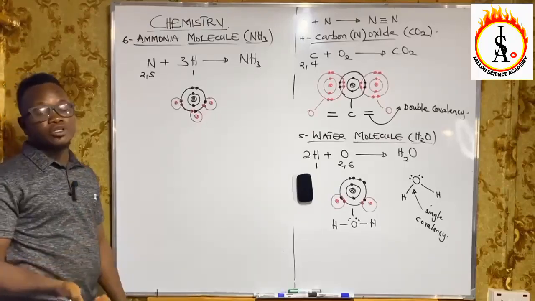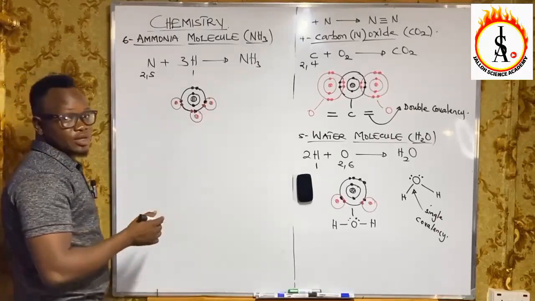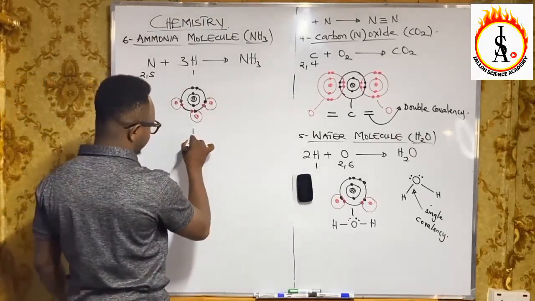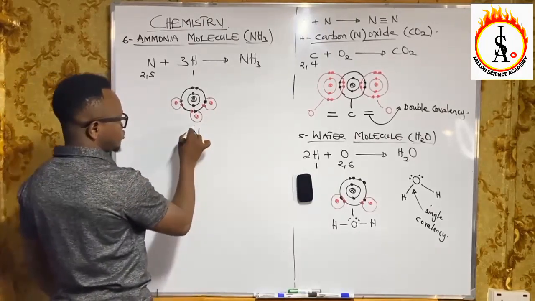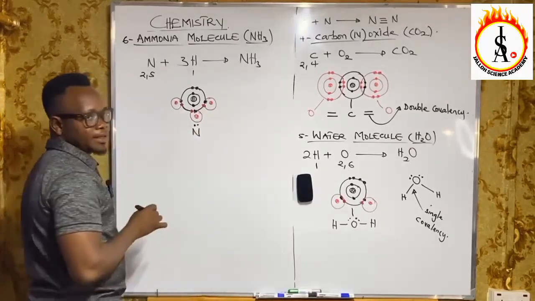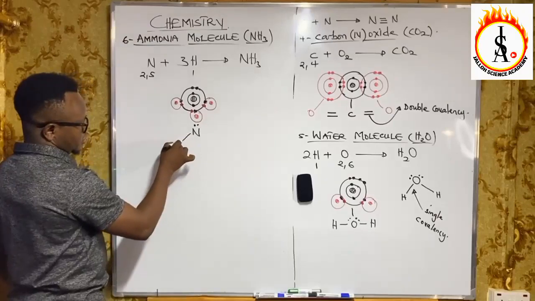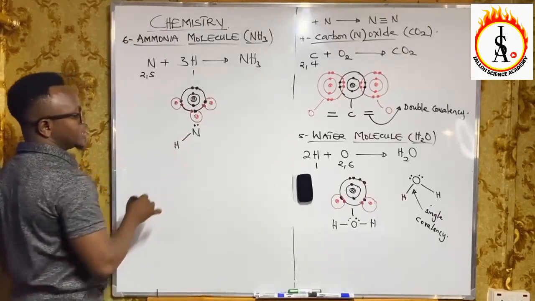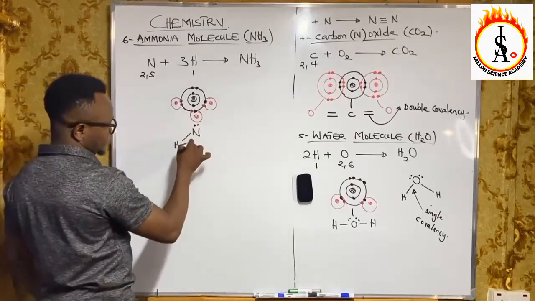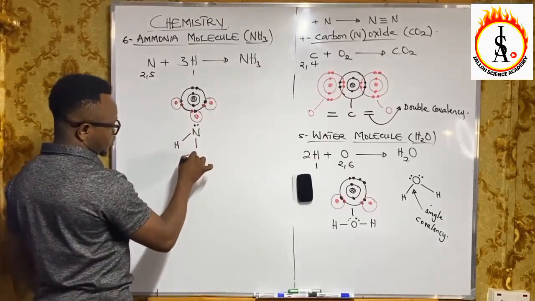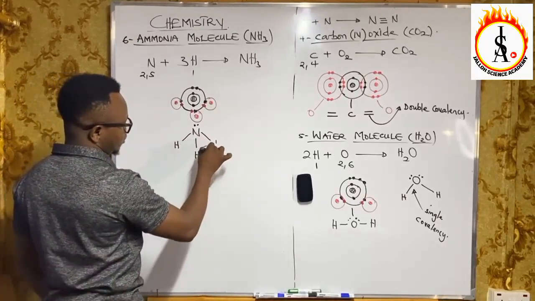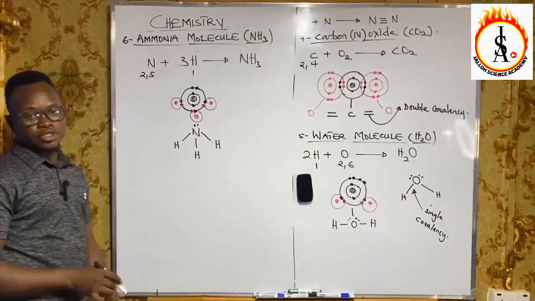This is ammonia molecule being formed. The central atom, nitrogen, with a lone pair, is bonding with hydrogen, and then also bonding with another hydrogen here, and further bonding with another hydrogen.